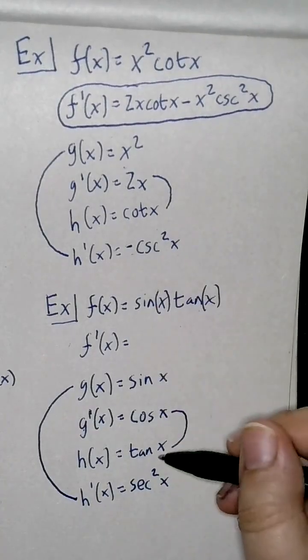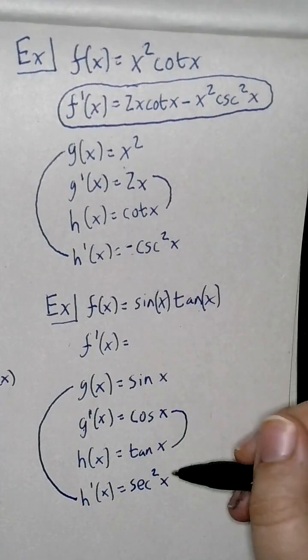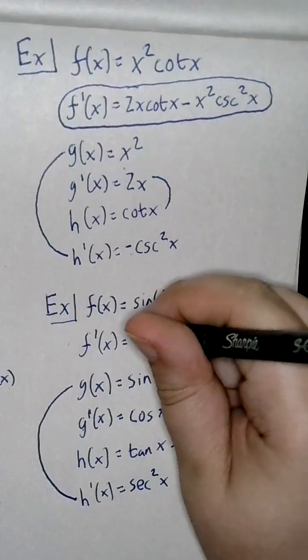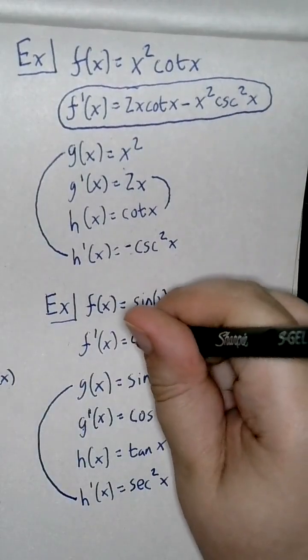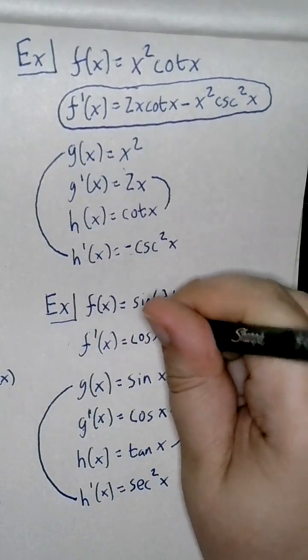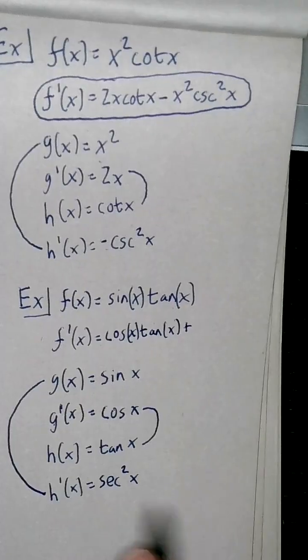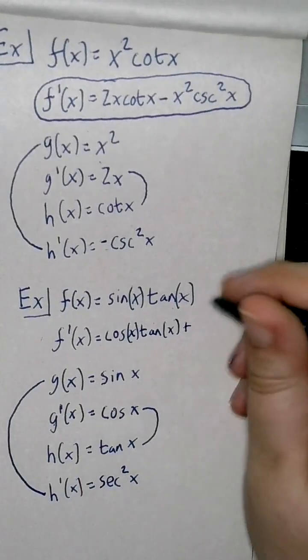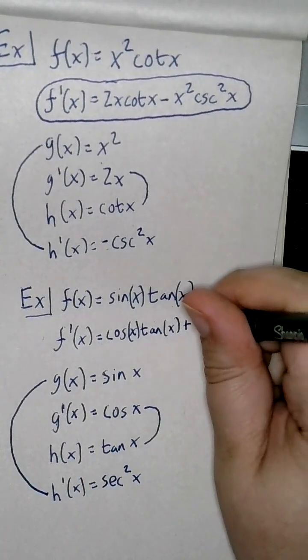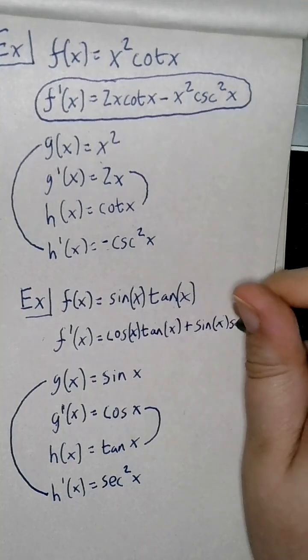When I say link the pairs, I mean multiplying them together. So I have cosine x tangent x plus sine x times secant squared x.